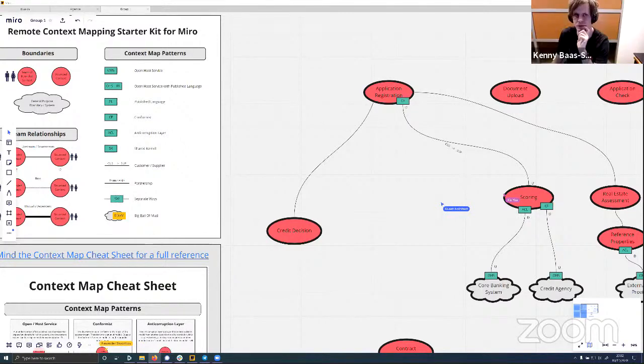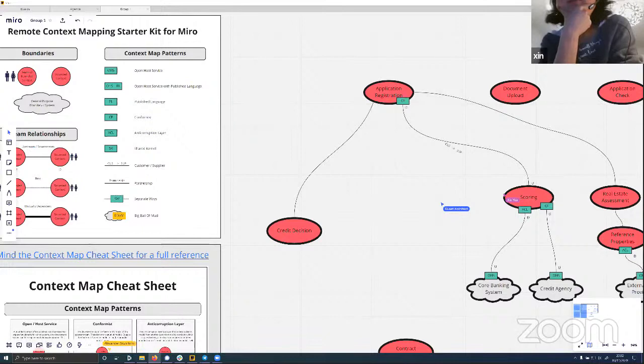I just feel the scoring model is not directly propagating to application registration. It's the other way around. I'm a little conflicted with myself, I guess.